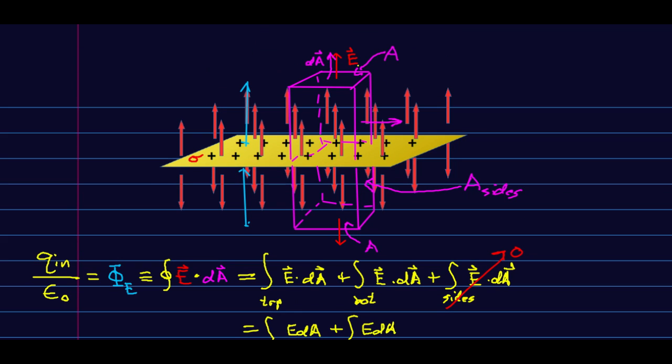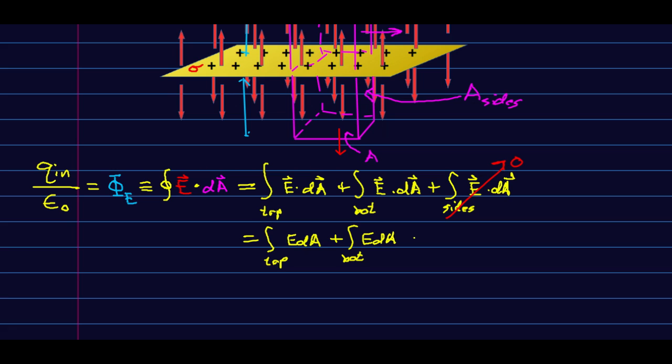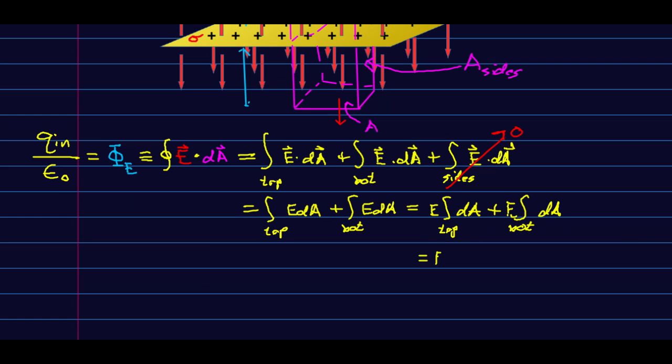And I know the E field is the same everywhere on this surface and the same everywhere on this surface, and so these E's are constants. And so I have an E integral over the top dA and an E integral over the bottom. But those are just the areas of the top and bottom, which are just A. That's what I defined them as. And so overall, I get 2EA.